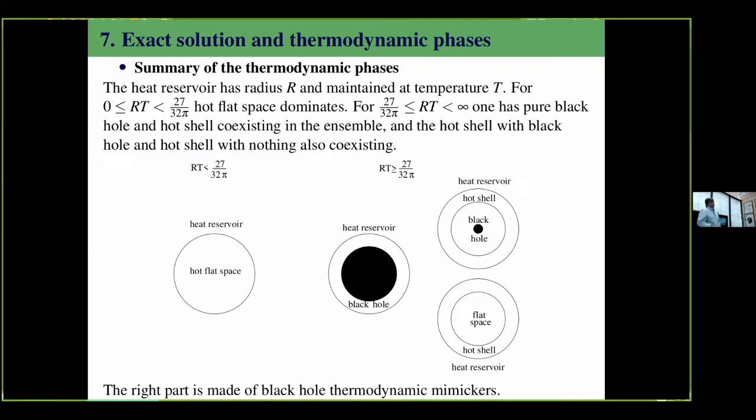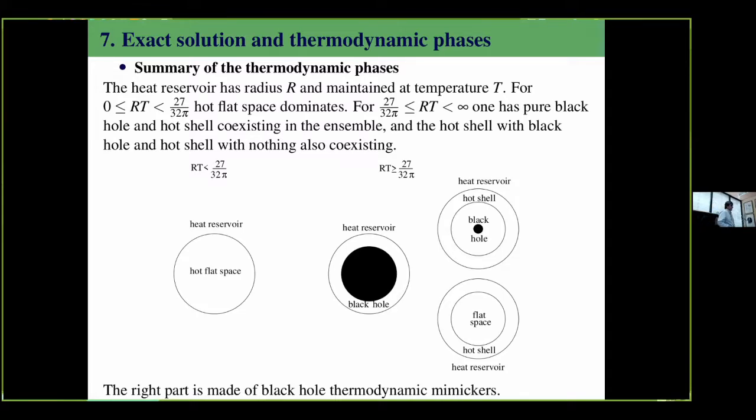But then, within the hot shells, you will find 50% with a black hole inside and 50% with nothing inside. Now, this is really interesting because an observer perching on the heat reservoir cannot distinguish thermodynamically between these two states.